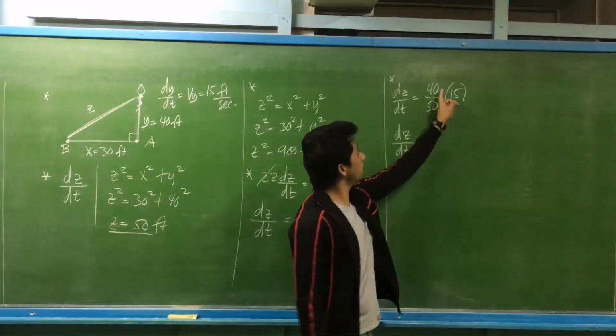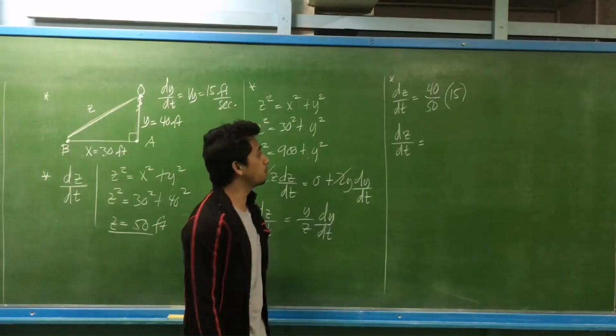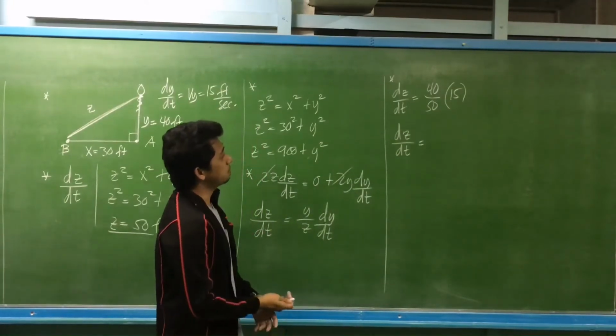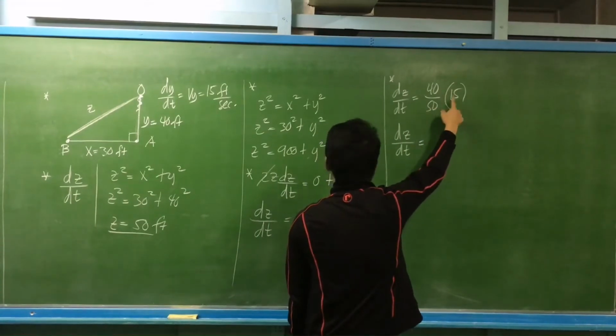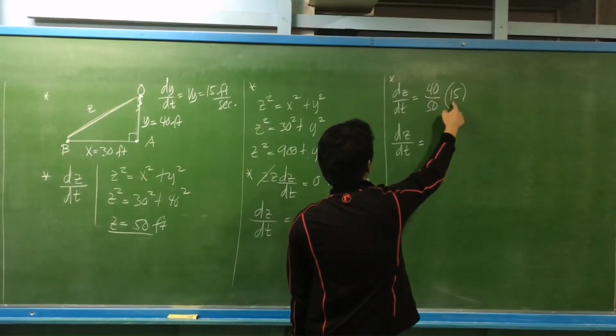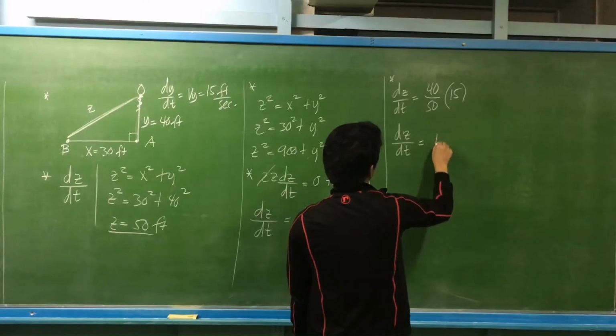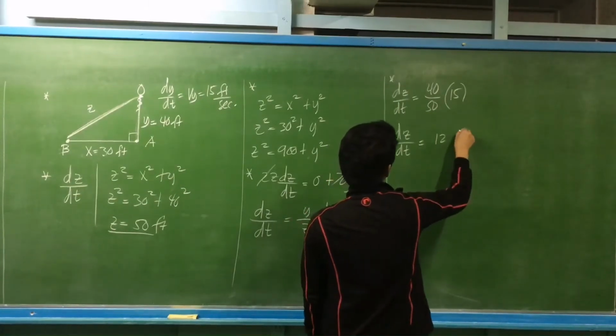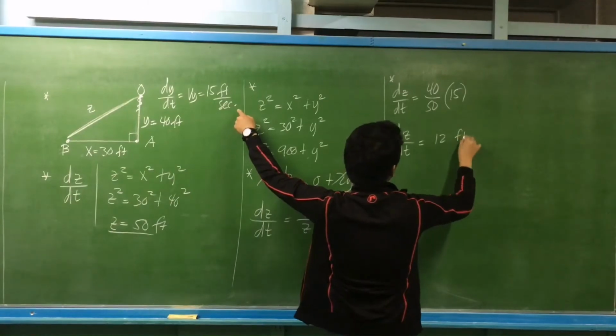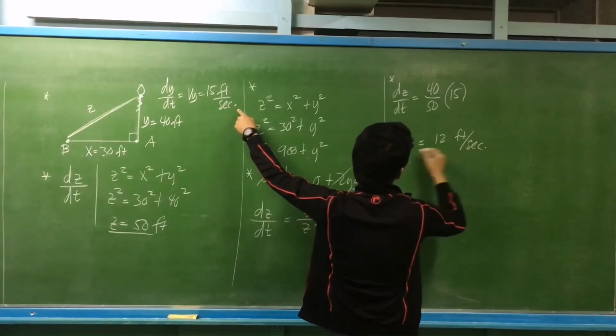This is the same as 4 over 5 of 15. 4 times 15 is 60, over 5 is 12. 40 over 50 is 4 over 5, and 4 over 5 of 15 is 12.